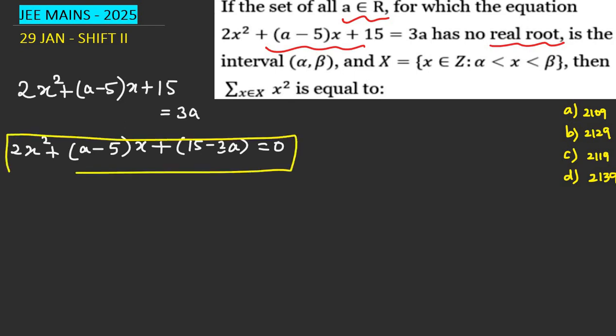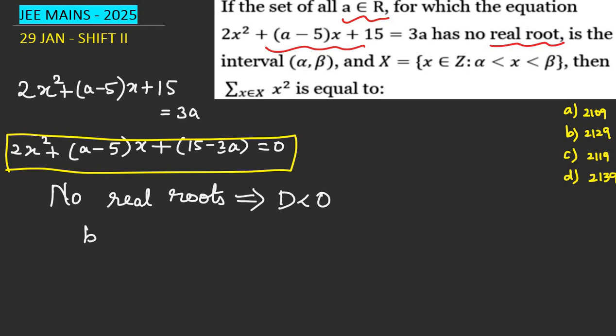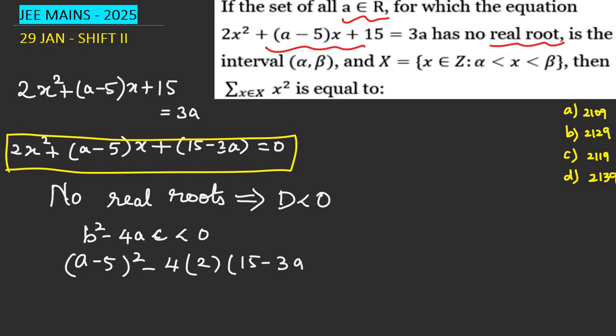Now from this equation, if the discriminant is less than 0, there is no real root. If the discriminant is equal to 0, it has equal roots. So discriminant less than 0, that is b square minus 4ac is less than 0. So from the given equation, b square minus 4ac will be a minus 5 the whole squared minus 4 into a is 2 into c is 15 minus 3a is less than 0.